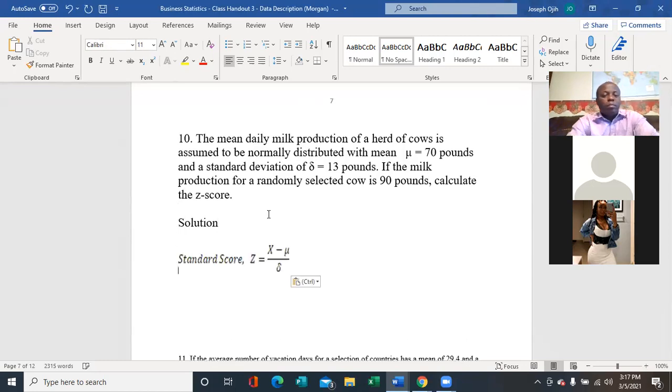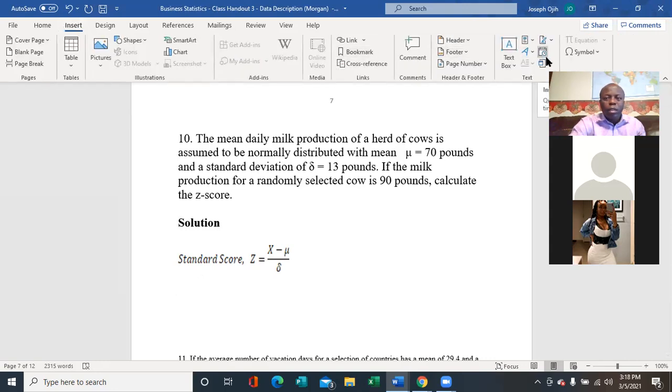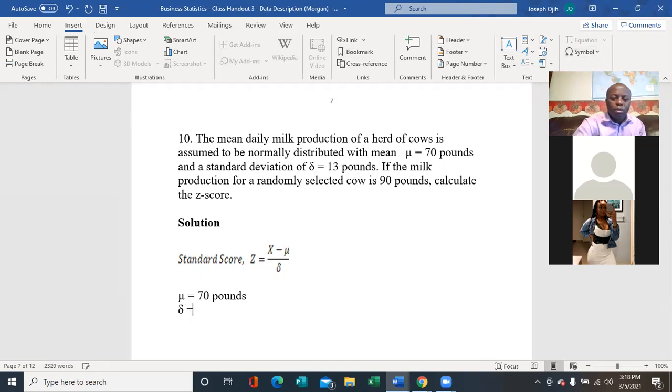In this case, the mean for our cow is 70 pounds, and the standard deviation is 13 pounds.